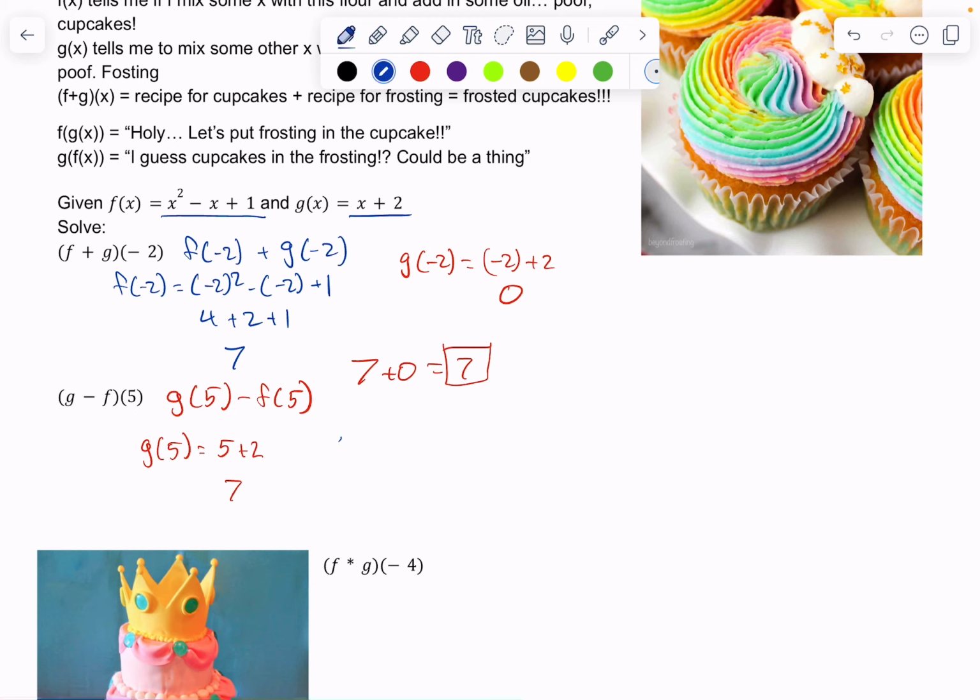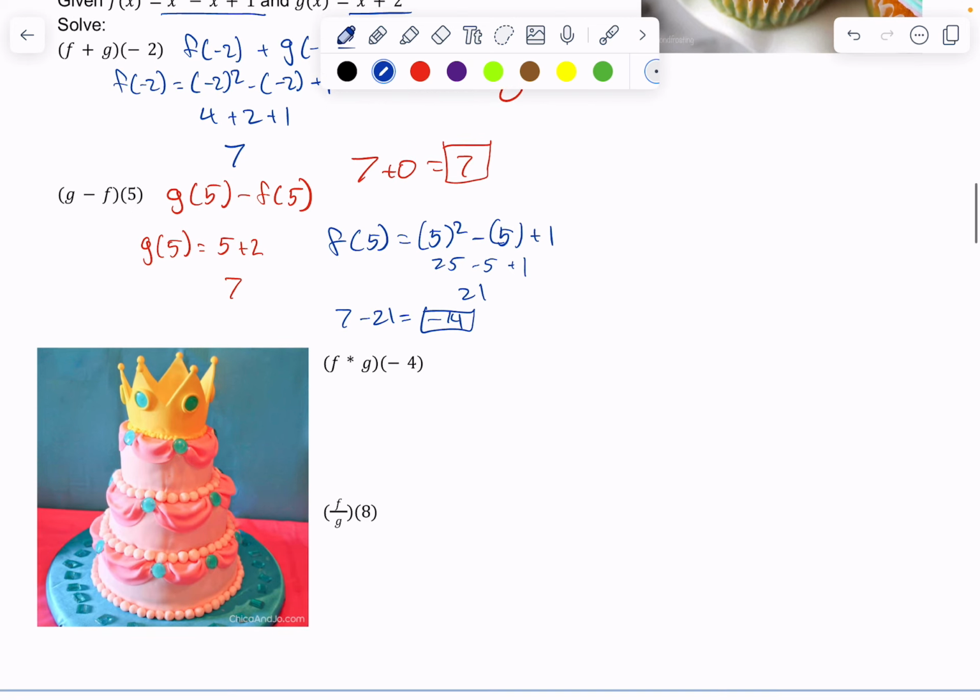Switch my colors. f of 5 equals 5 squared minus 5 plus 1. Got 25 minus 5 plus 1. That is 21. And we're going to get a minus, so 7 minus 21 equals negative 14. Negative 14, not too bad.